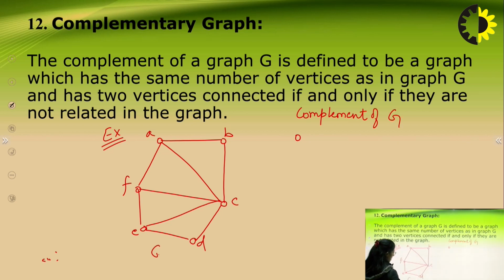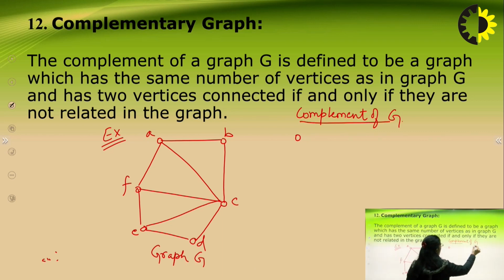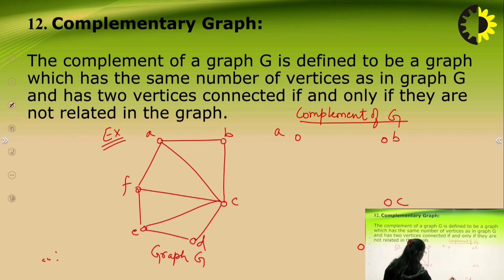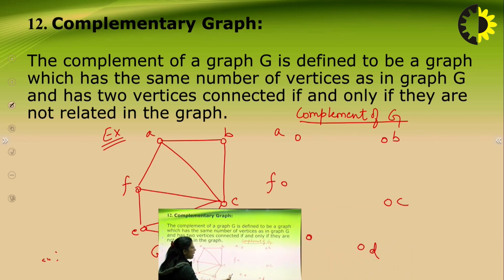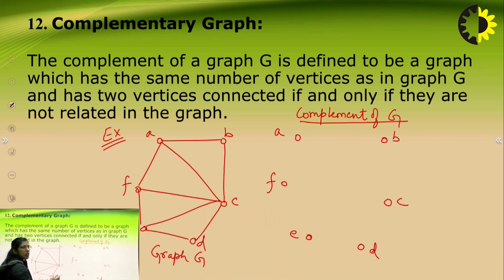This is the graph G and this is the complement of graph G containing the same set of vertices, and the edges that it will contain are only those edges where the vertices are not connected in graph G. For example, here we can see that these 2 vertices are not connected.